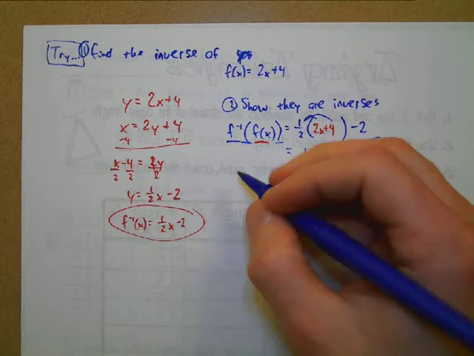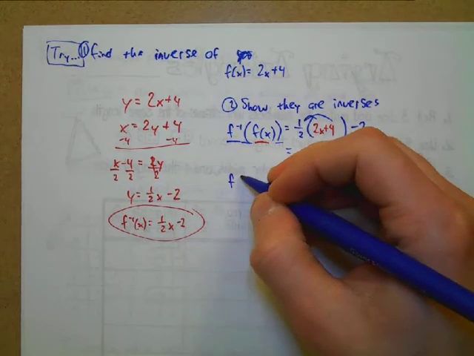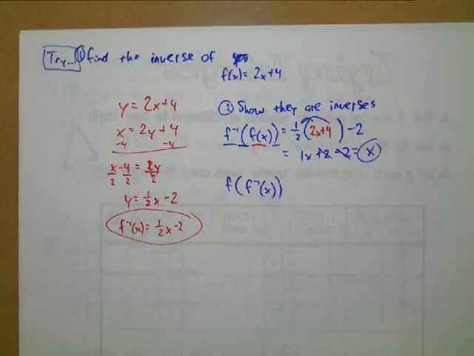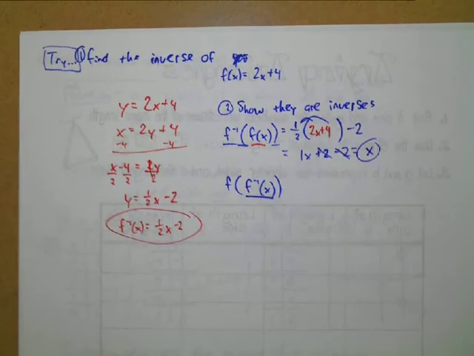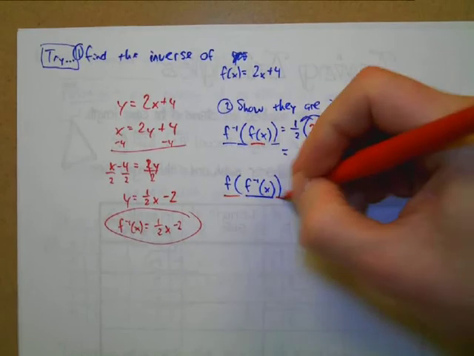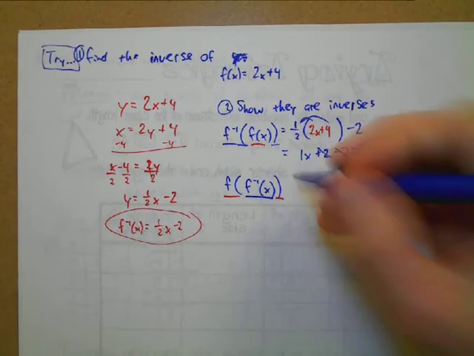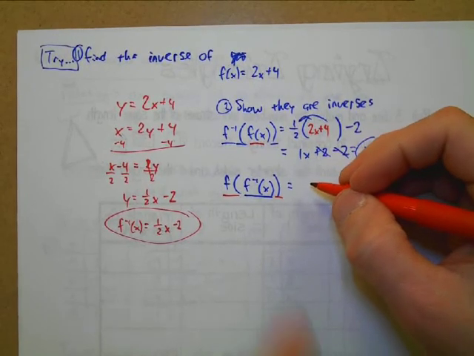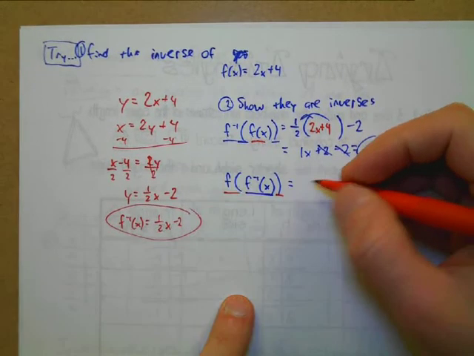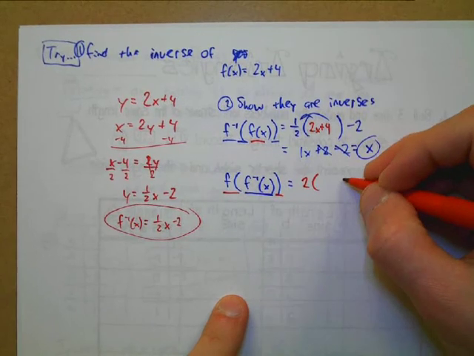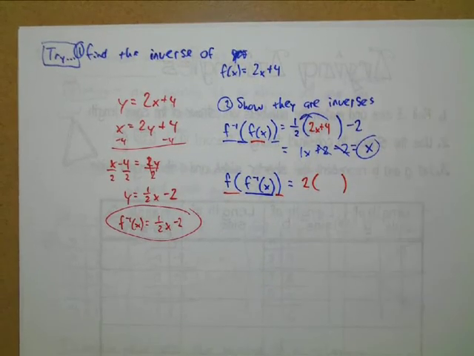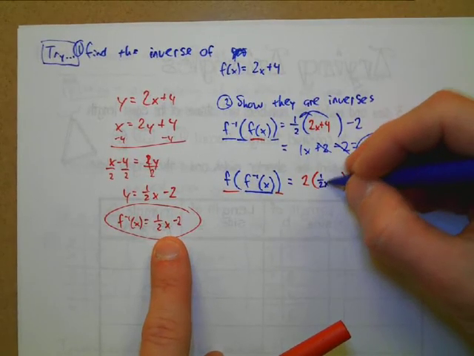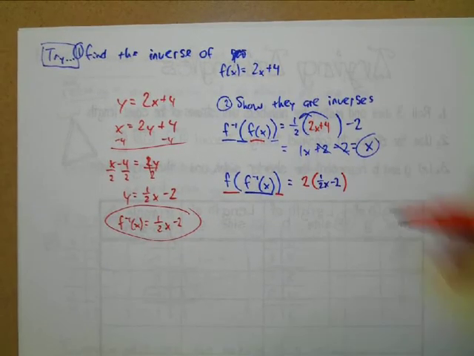Because I also have to do it this way. I also have to plug the inverse into the function. Again, I'll keep the inverse in blue and make the function in red. Very patriotic. So in this case, my function, which is 2x plus 4, so 2 parentheses, I'm going to plug the inverse in for the x here, so 1/2 x minus 2, and then the plus 4 there.